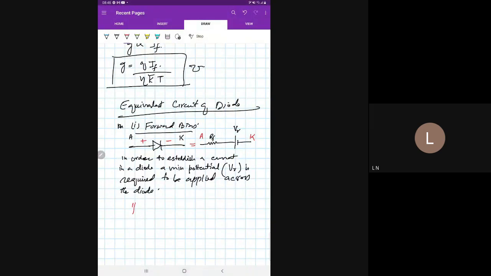Generally, we know that the forward resistance of a diode is very small.